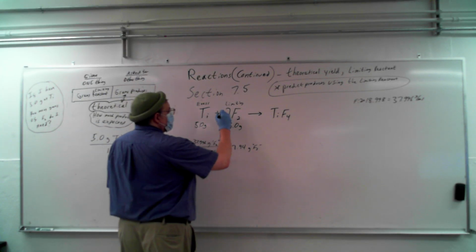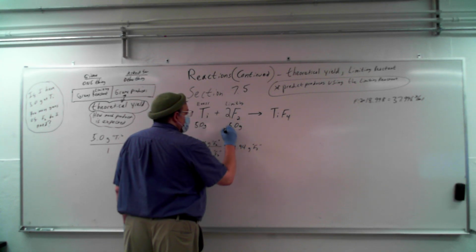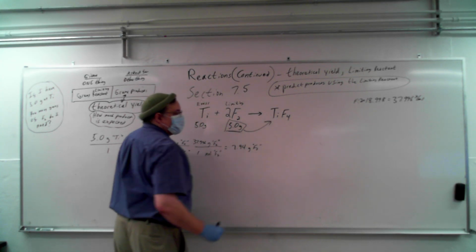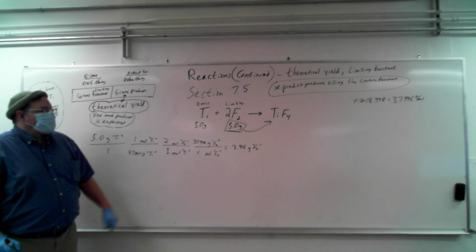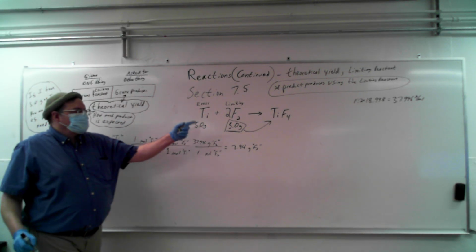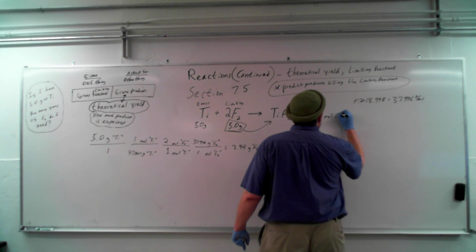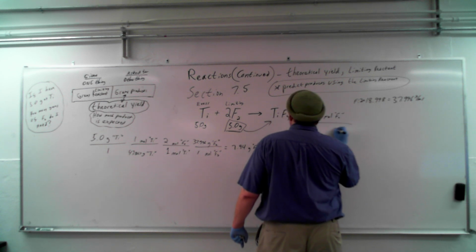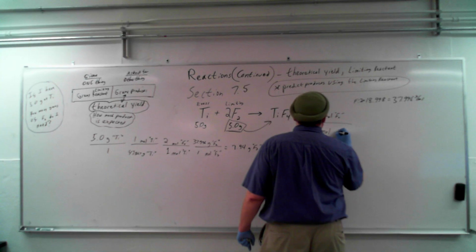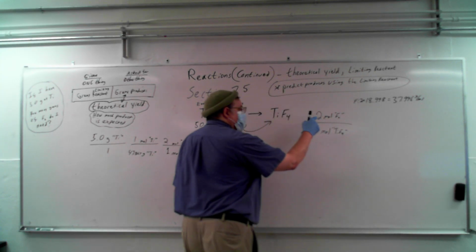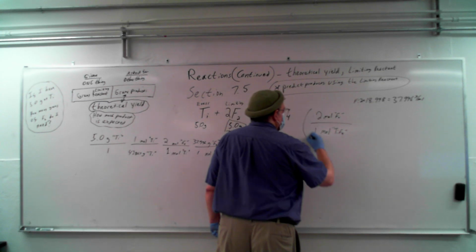But that tells us we're going to use this, more specifically this 5 grams, to predict that. We're not going to use the 5 grams of Ti, meaning we're going to use 2 moles of F2 and 1 mole. We're going to use that to predict the product.